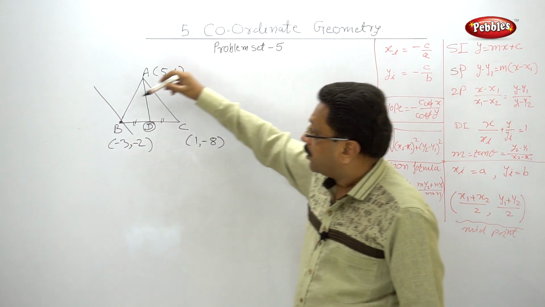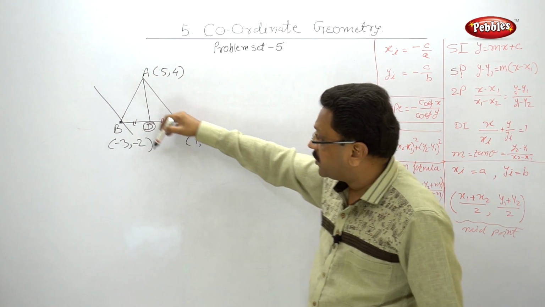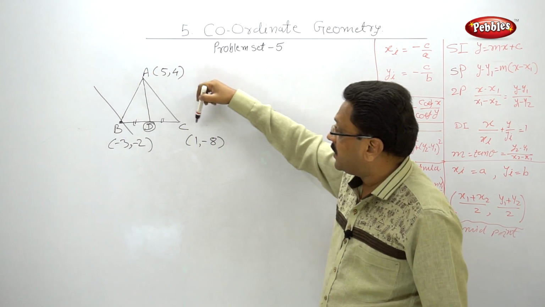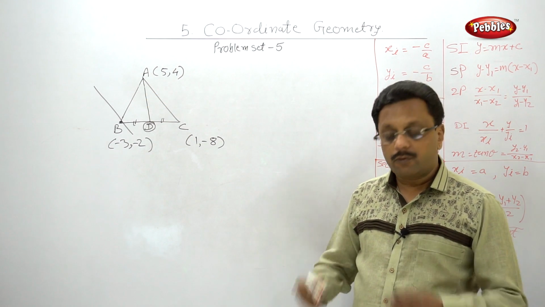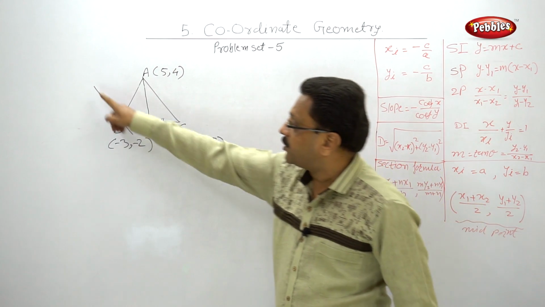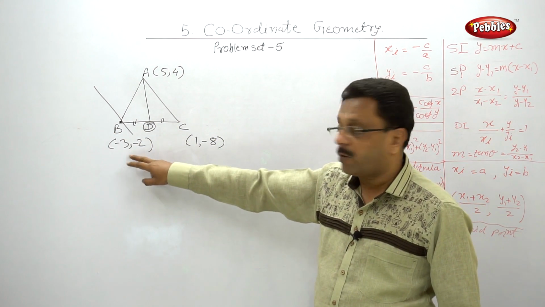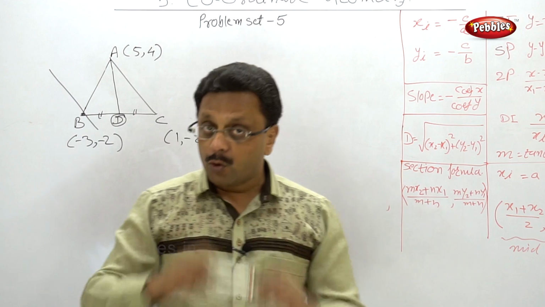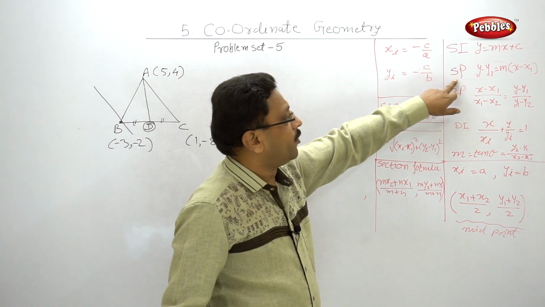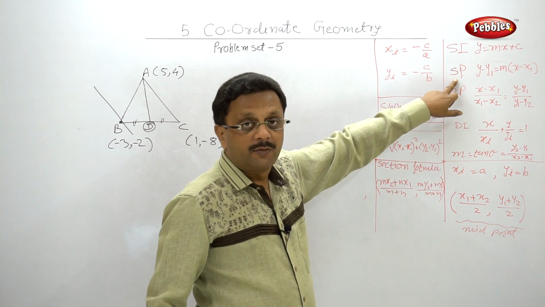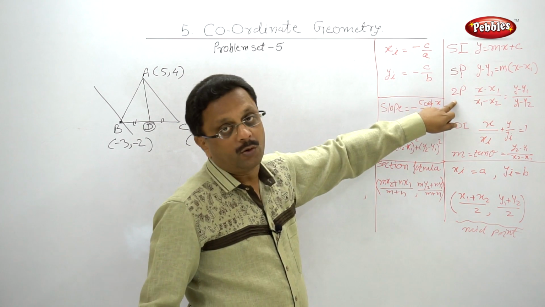Now we want to find the equation of this line also, parallel to AC and passing through B. Correct? Now this line is passing through B, which means you know 1 point. And when you know 1 point, which formula will you use? This formula, because 1 point is known. Are 2 points known? No, only 1 point.